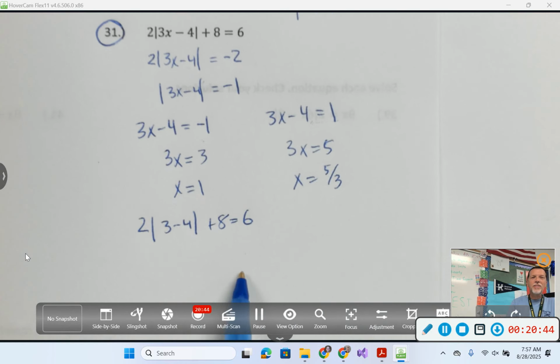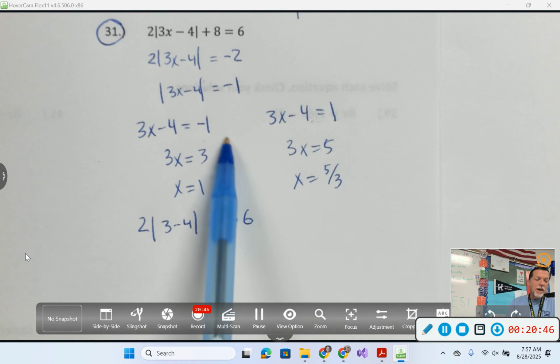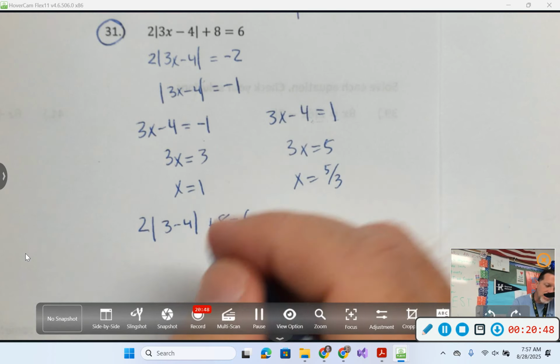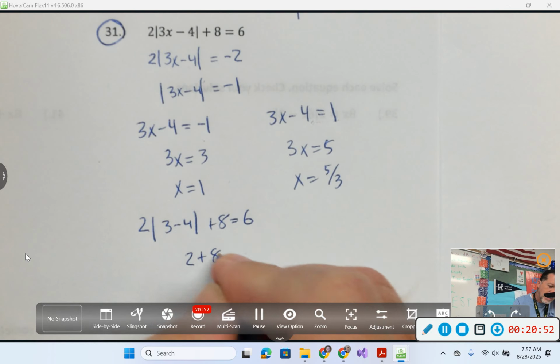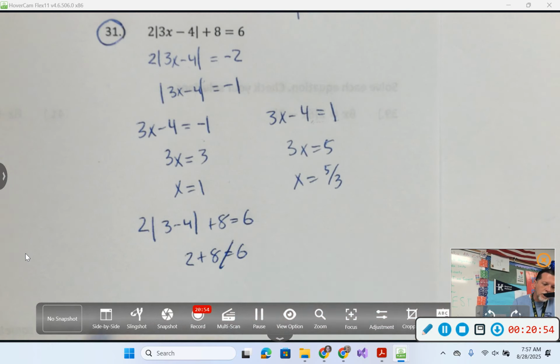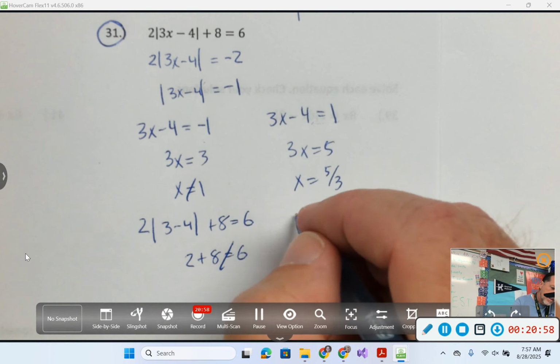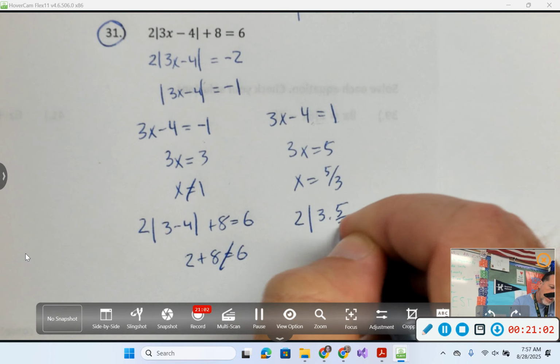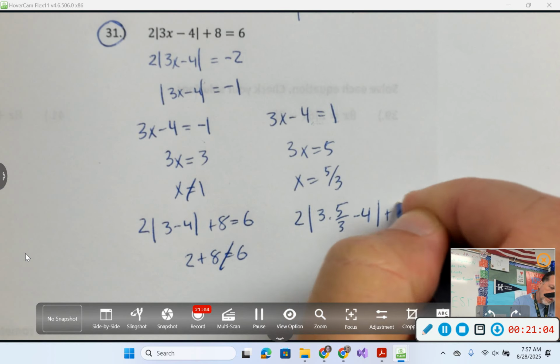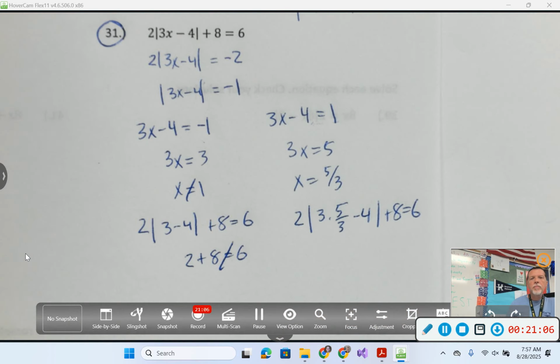Let's see what happens if we... I've made a mistake, but it's a mistake that many will continue to make. Oh, so like there is a mistake in that. 2 plus... that doesn't work, so x equals 1 doesn't work. 5/3... Again, you have to be able to handle fractions like this.